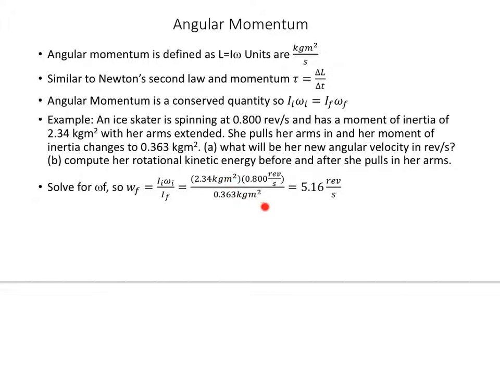Notice those units here are going to cancel, and so our final angular velocity will be in revolutions per second, and it is 5.16 revolutions per second. So notice that her angular velocity has increased quite a bit when she pulls in her arms.